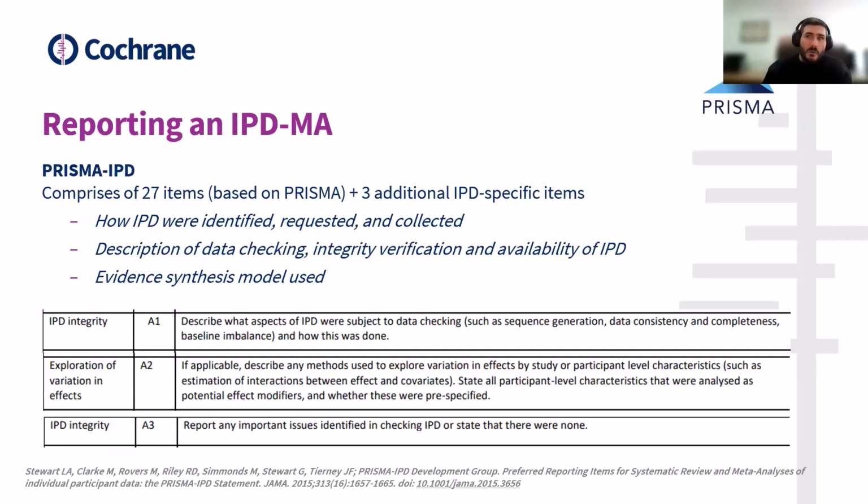These ask us to describe how we found the data, how we requested and collected the IPD, and also how we checked and verified the data, which IPD were actually available in our analysis, and what type of analysis was conducted. Did we use the one-stage approach or the two-stage approach, what assumptions did we make, and why?